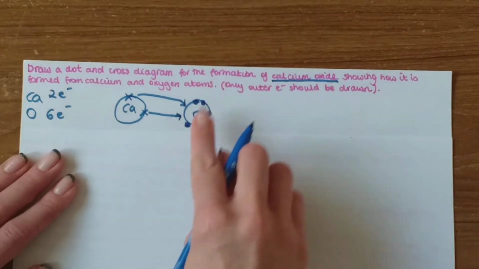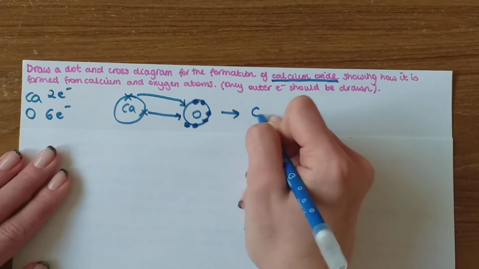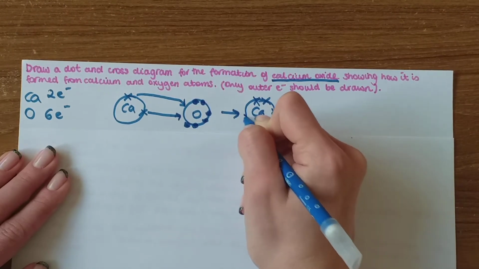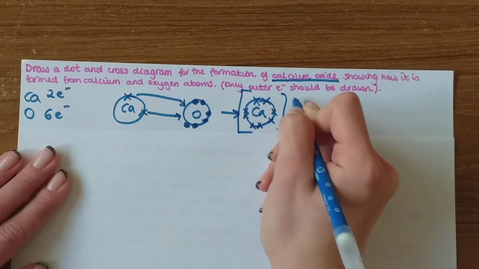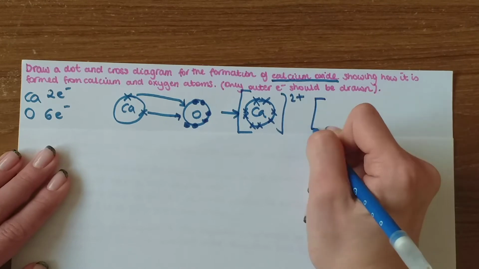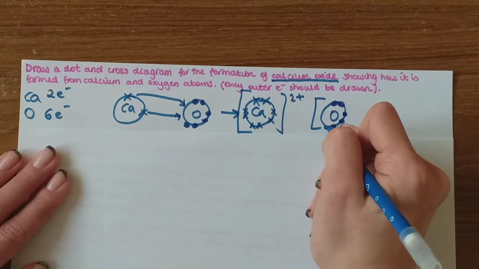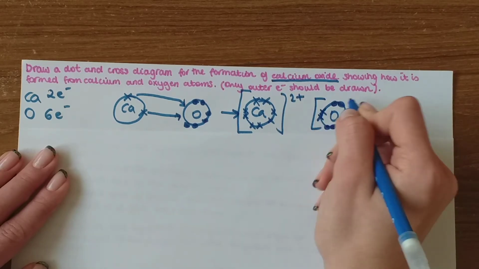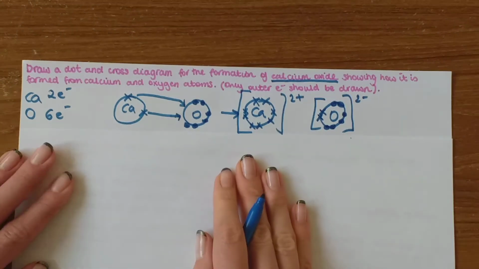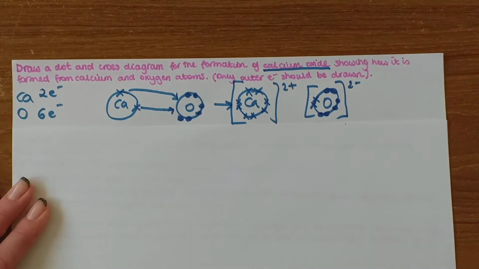So calcium donates the electrons to oxygen so that calcium has a full outer shell and becomes 2+ positive because it gave away 2 electrons. And oxygen wants to be stable as well, so it has its 6 electrons plus the 2 from calcium, and it becomes negative. And this is the dot and cross diagram for ionic bonding.